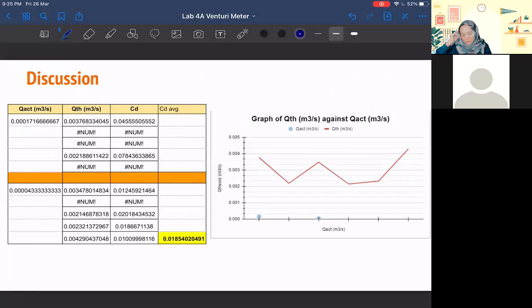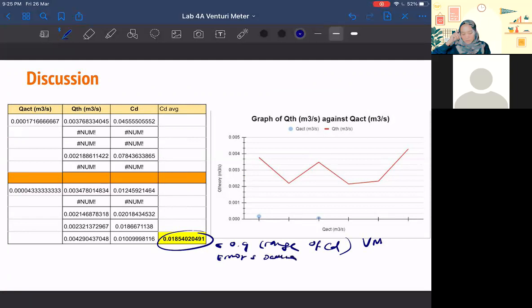What I can say from the results is the discharge coefficient average equals 0.01854, which is less than 0.9. 0.9 is the range of normal CD for Venturi meter. So this shows that errors have occurred while conducting the experiment.